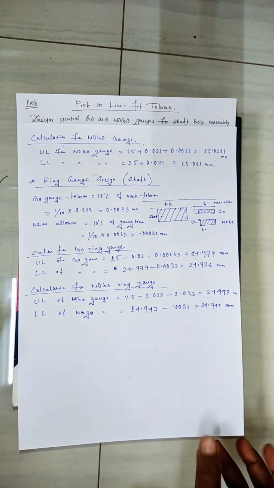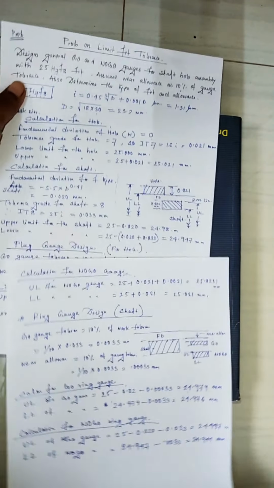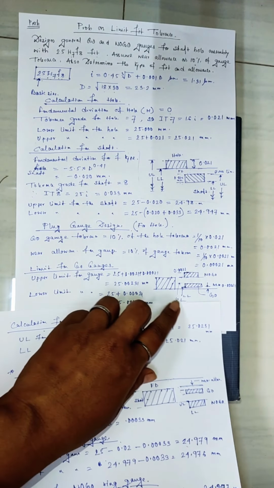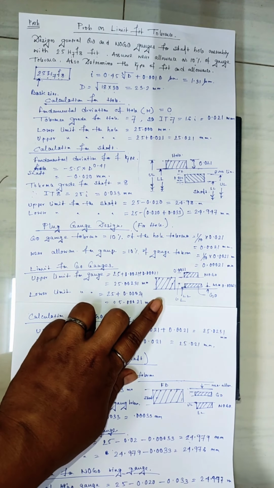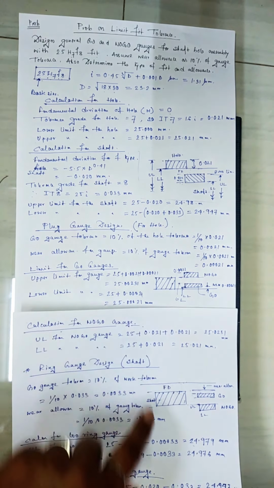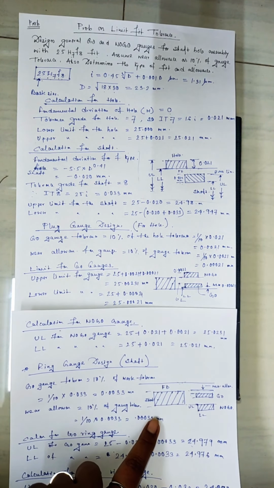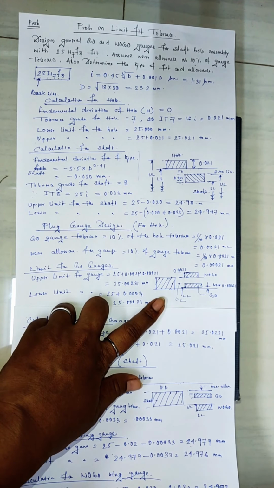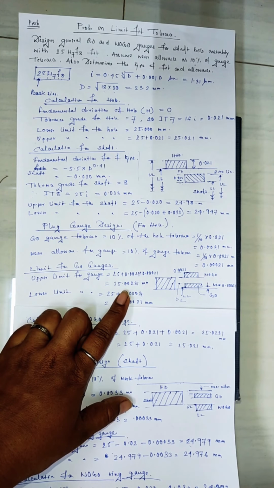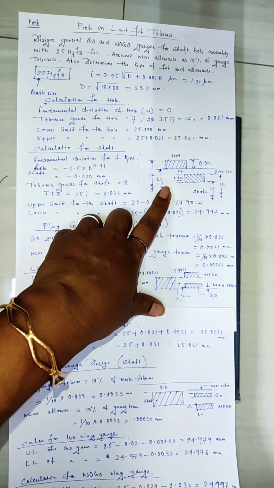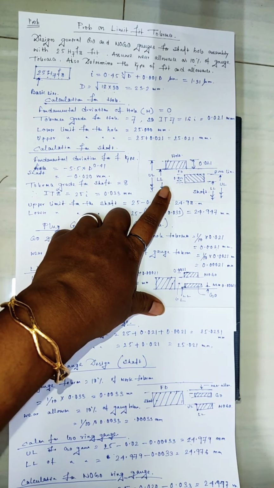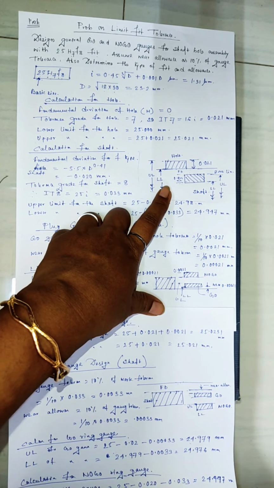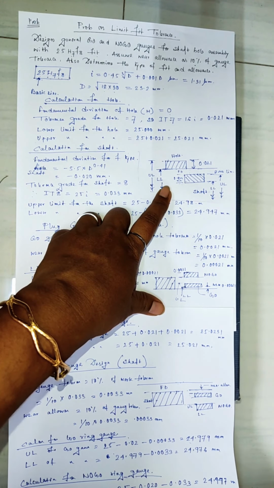So these are two figures. This is for the plug gauge design and this is for the ring gauge design. Plug gauge is used for the hole and ring gauge is used for the shaft, and this is the whole hole-shaft assembly figure.